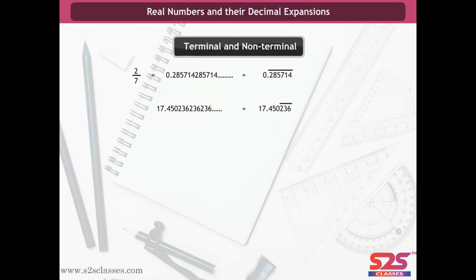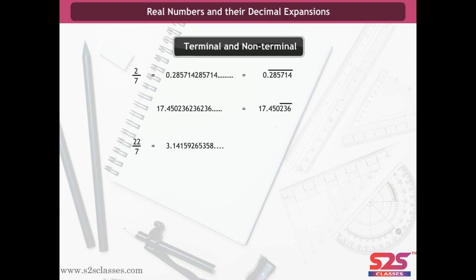Now consider the irrational number pi. The approximate value of pi is 22 by 7. The decimal expansion of pi is 3.14159265358 and so on, which is non-terminating and non-repetitive.